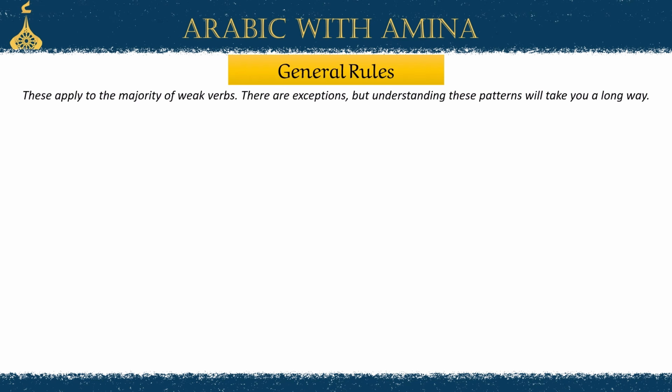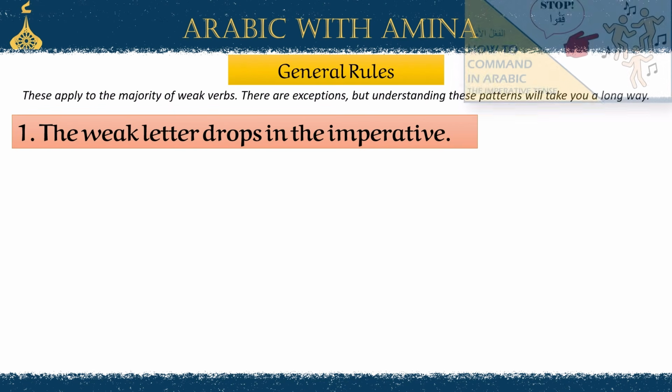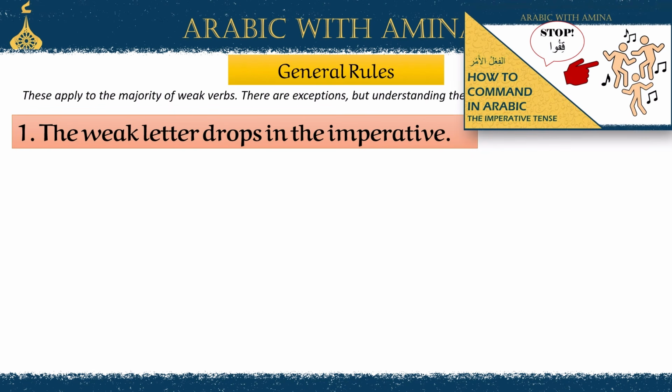Let's take a look at some general rules. These apply to the majority of weak verbs. There are exceptions, but these patterns will cover a large portion of what you'll encounter. When a verb is in the command form, the imperative, the weak letter is often omitted entirely.